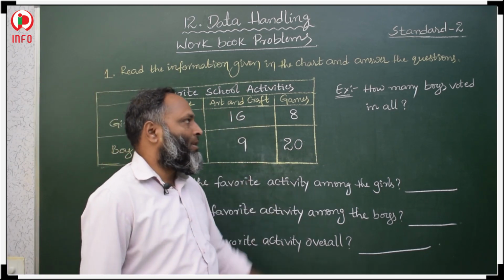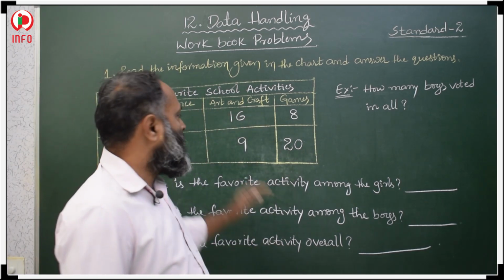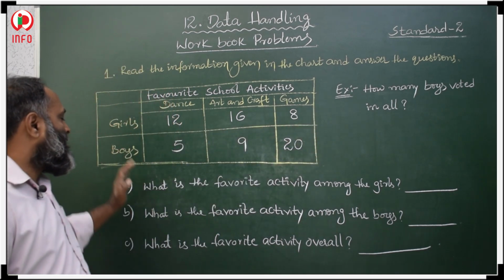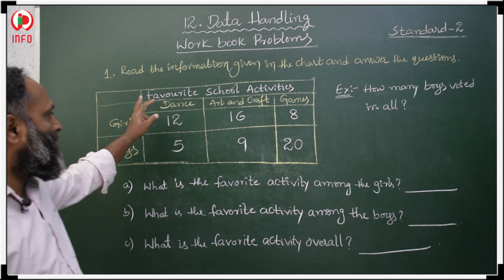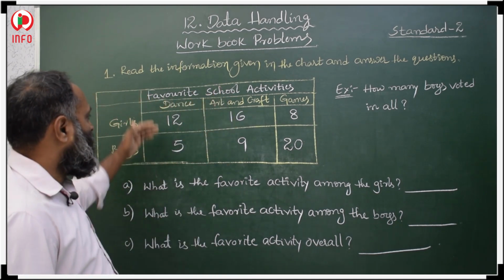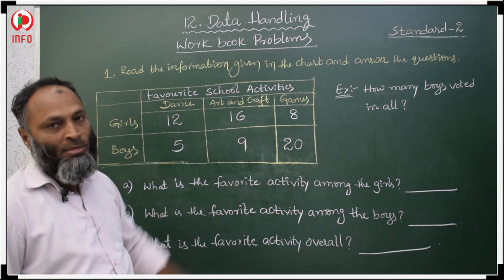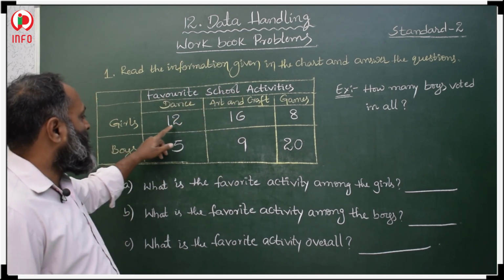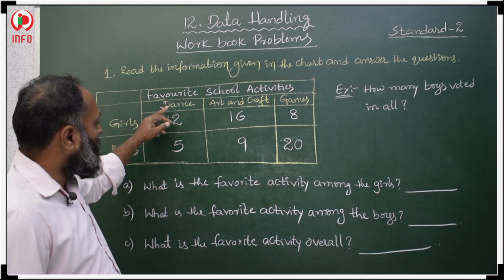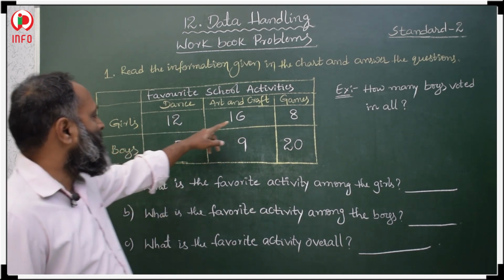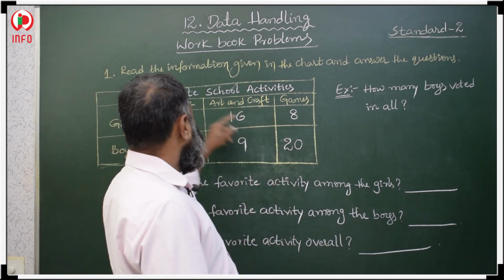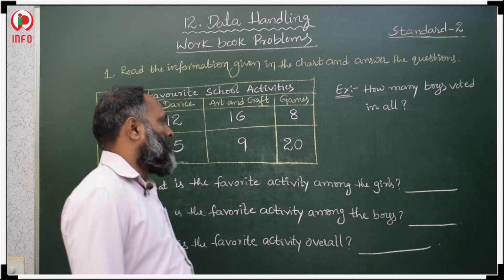In the chart, information is given. So using this information, answer the questions. First, what is the information? This is favorite school activities: dance, art and craft, games. 12 girls' favorite activity is dance, 16 girls' favorite activity is art and craft, and 8 girls' favorite activity is games.